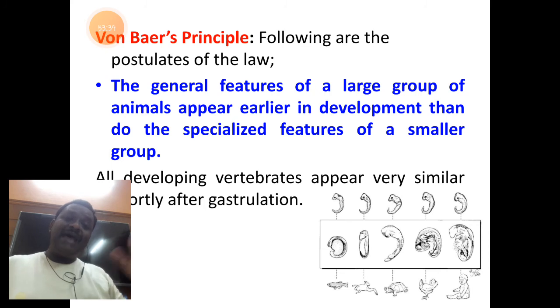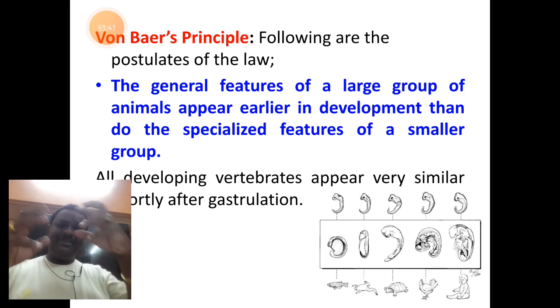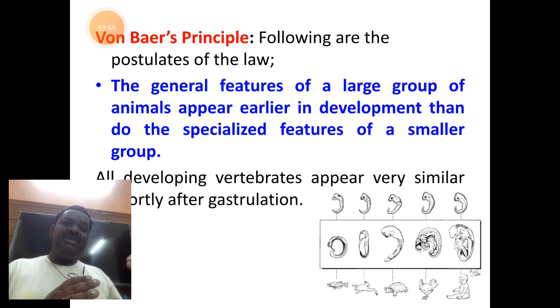But after gastrulation, cell determination will take place, then cell differentiation, and the different germ layers will start developing the organs of their own. That way we find differentiation in the organism. But in the first stage, common characters related to all the organisms will start developing. This is what the first postulate talks about.